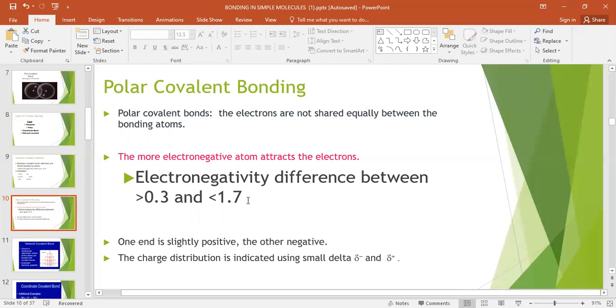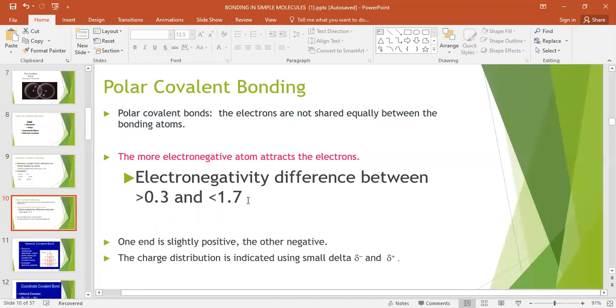One end is slightly positive, the other is negative. As I told you here, partial positive and partial negative. Slightly positive and slightly negative means we show partial positive and partial negative. Clear? Okay, next.